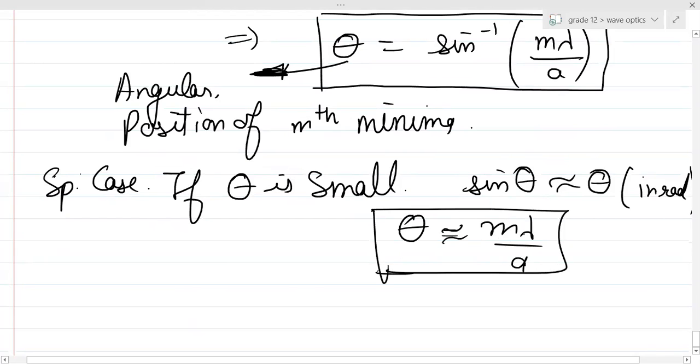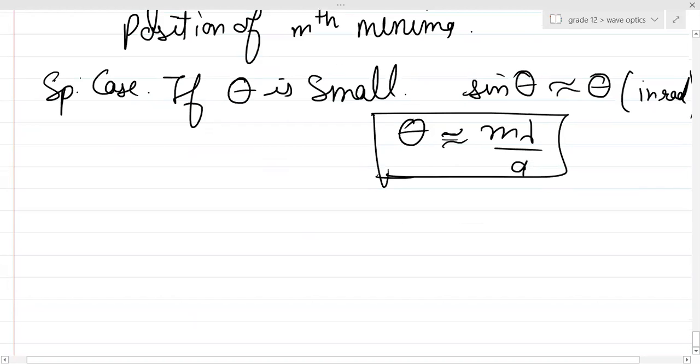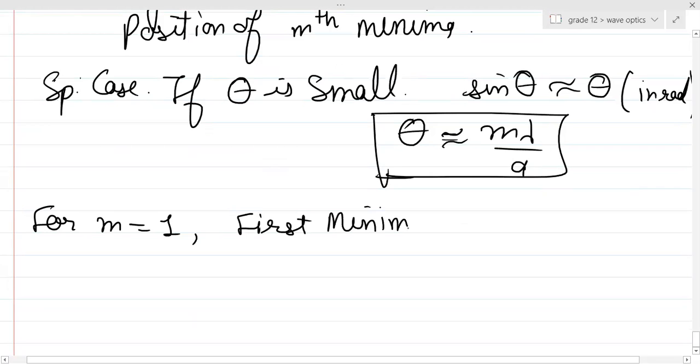But this will only happen when theta is very small. Is it clear? These are the main results. M cannot be equal to 0. Always remember this thing. M always starts from 1. So for m equals to 1, that is basically the first minima or first dark.